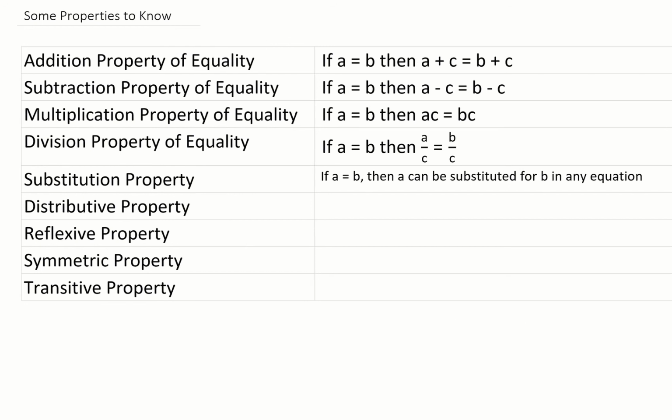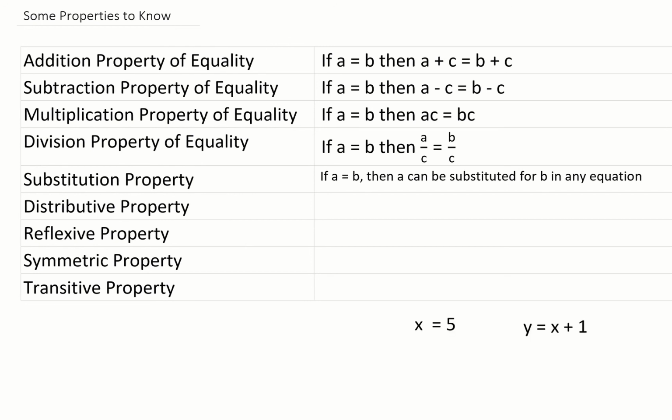So let's look at this in action. Let's say we have X equals 5, and we know that Y is equal to X plus 1. Well, since we know that X is equal to 5, then we can take that value of 5 and substitute it in for X in another equation. And so now X is replaced with 5, okay? And that's known as substitution.